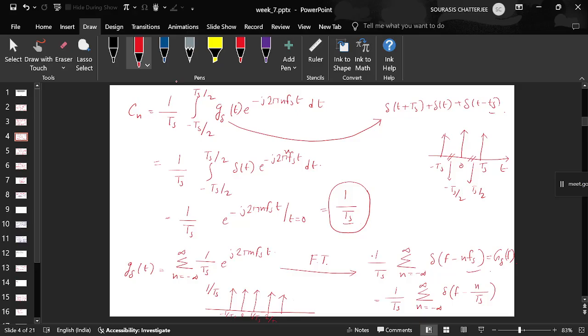So whenever you have a complex sinusoid in the time domain, its frequency domain representation is going to be a shifted impulse, where the shift amount is the frequency of that complex sinusoid. Similarly, in the frequency domain, if you have a complex sinusoid, its time domain representation, by the duality theorem, is going to be a shifted impulse. The same applies here. It's a sum of an infinite number of complex sinusoids.